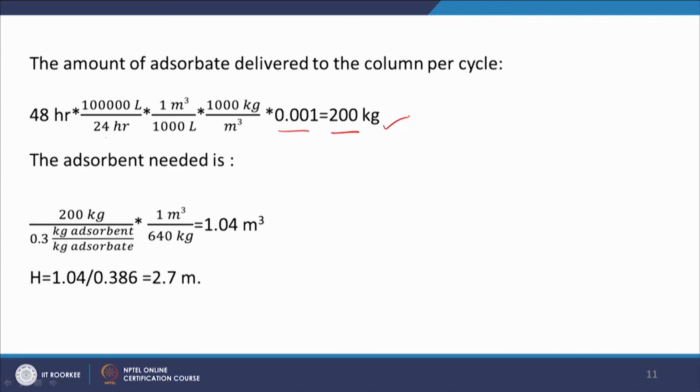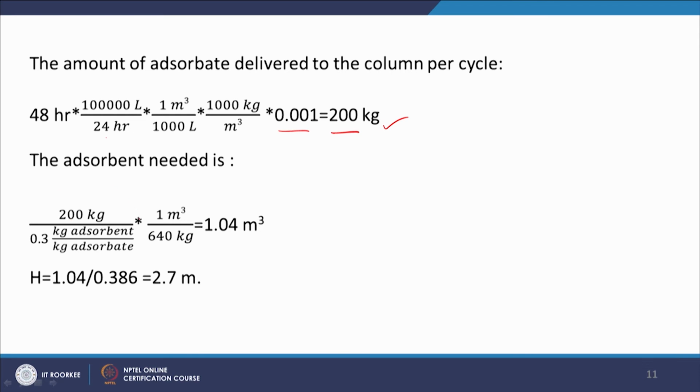So, what will be the adsorbent needed? The adsorbent needed is equal to 200 kg divided by 0.03, because kg adsorbent per kg adsorbate is given, and that gives 640 kg.